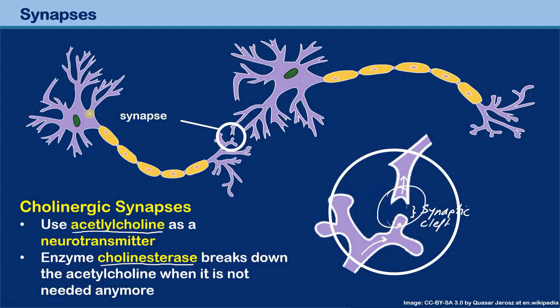Now, how are nerve signals passed on within the neuron? The nerve signal travels along the membrane of the neuron, and when it reaches the Schwann cells, the myelin, the signal jumps from node of Ranvier to node of Ranvier, and then it starts to travel along the membrane again.